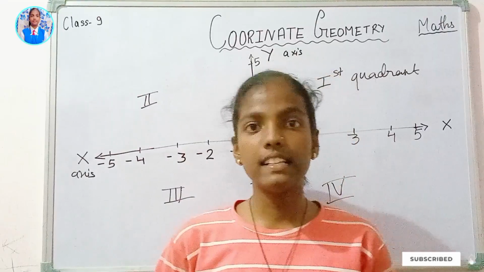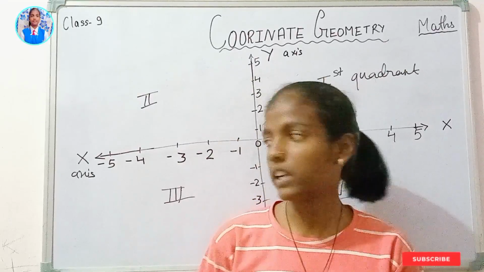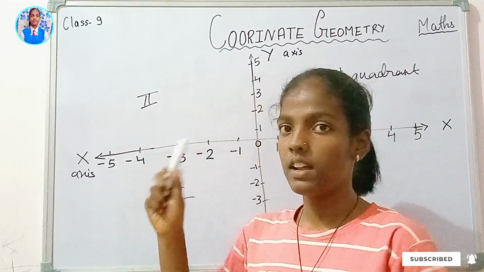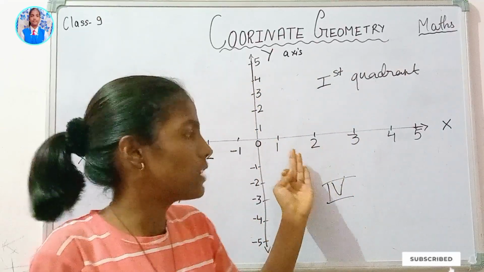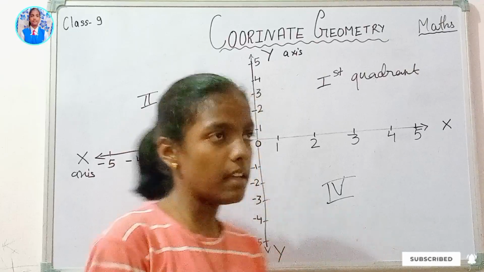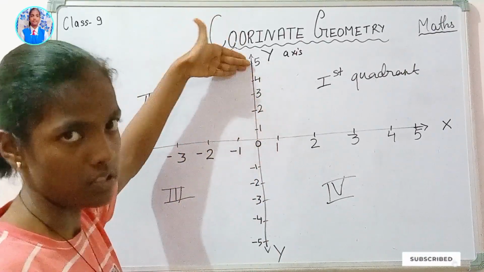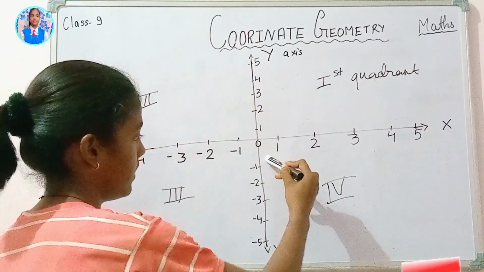You can clearly see in the Cartesian plane that the numbers on the left side are always negative. The numbers on the right side, on the number line, are always positive. The numbers that lie on the upper side are always positive. And the numbers on the lower side are negative.